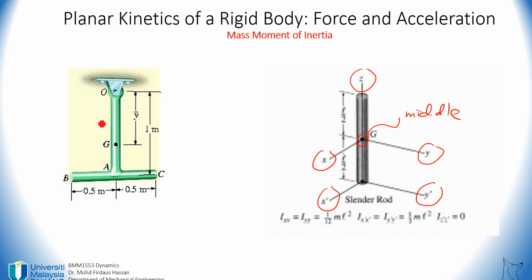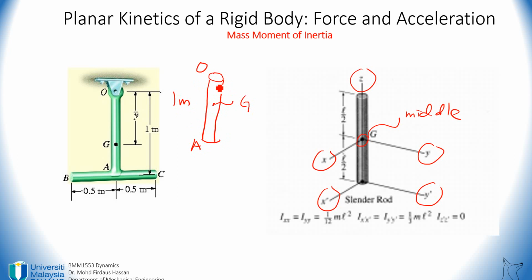Alright, before we solve this problem, I just want to let you know, the first rod O to A has 1 meter, and of course G is in the middle.